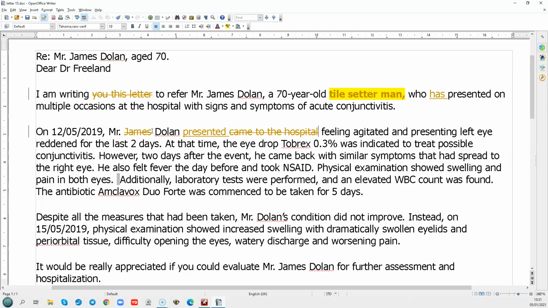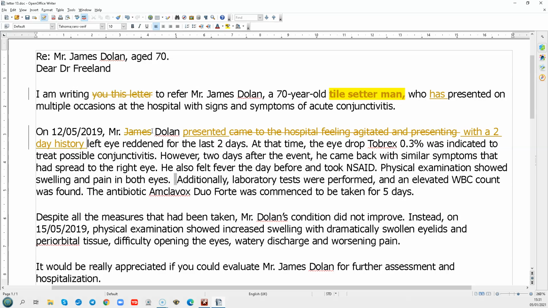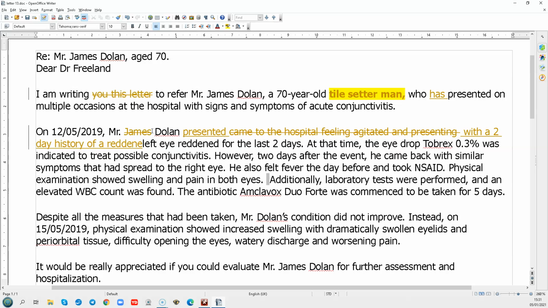Oh, and by the way, I've got something wrong with my eye. That's not going to happen, is it? So, presented with a 2-day history of a reddened left eye. So his eye was red, presumably, and swollen.